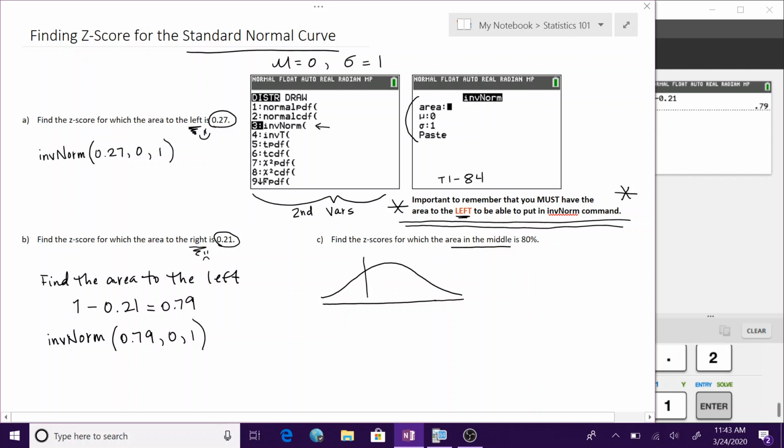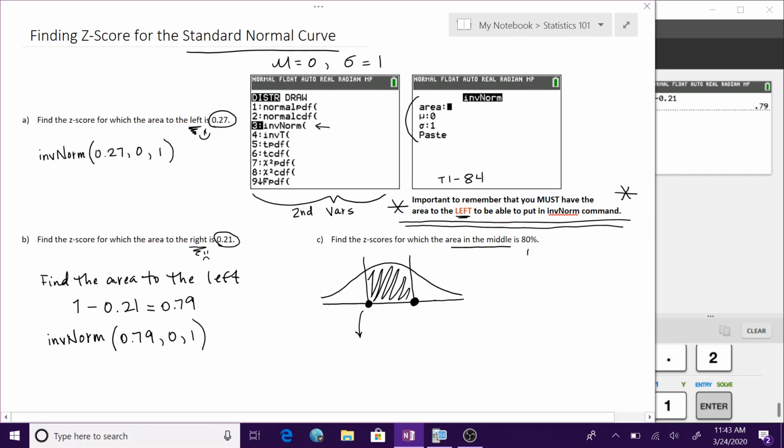So right now we have the area in the middle right here, and what we're trying to find is this value right here and this value right here. Now, to be able to find these two z-scores, remember we need the area to the left. So to tackle this, to be able to do this one right here, we need this area over here on our left, and we need to find that.